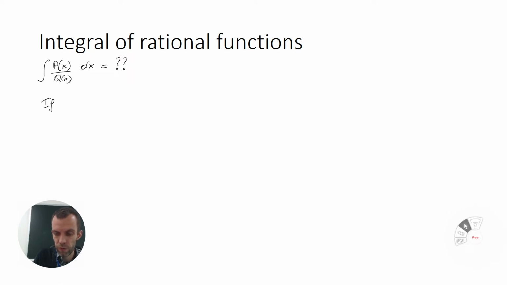So if the degree of p of x is bigger than or equal to the degree of the denominator, q of x, then the first thing that we'll do is a Euclidean division.